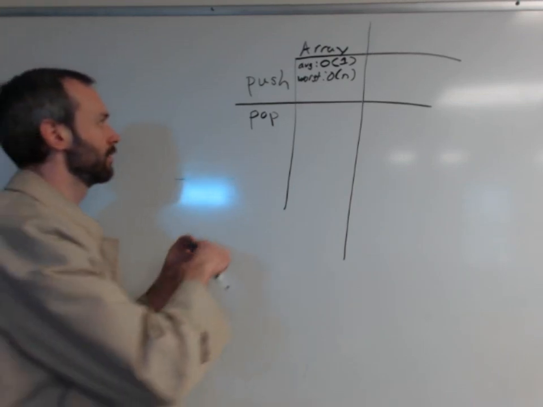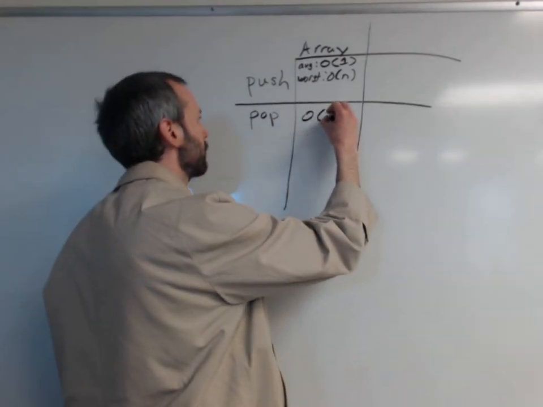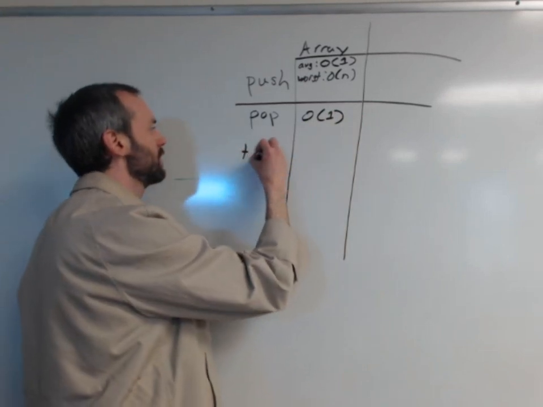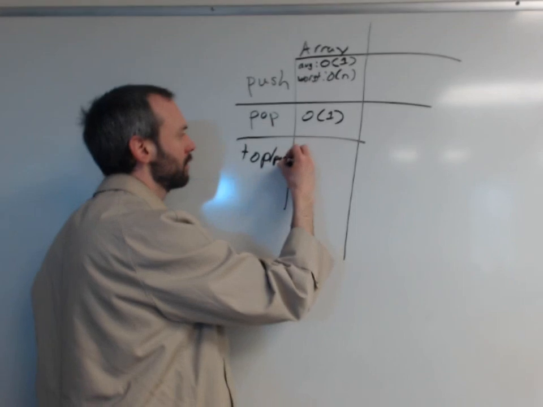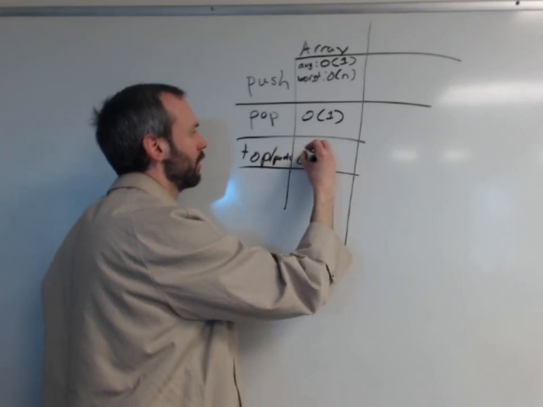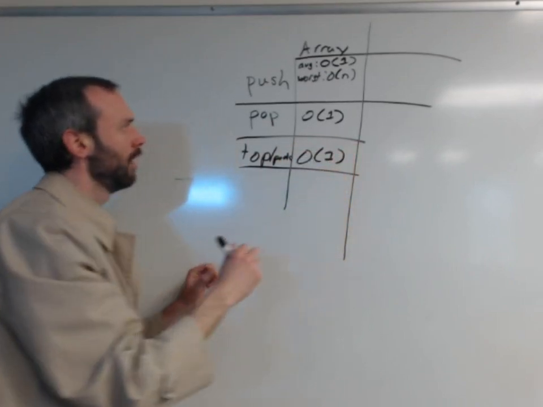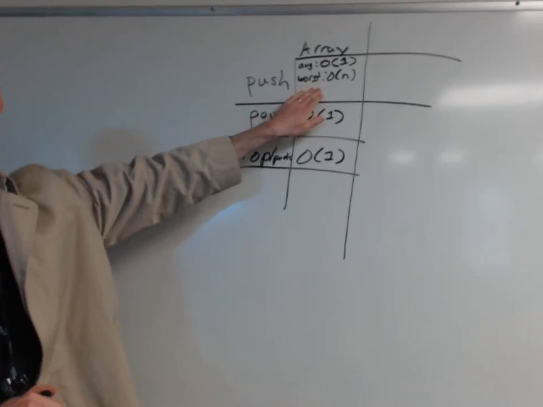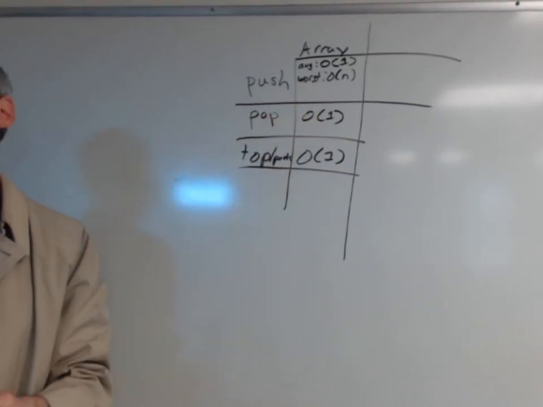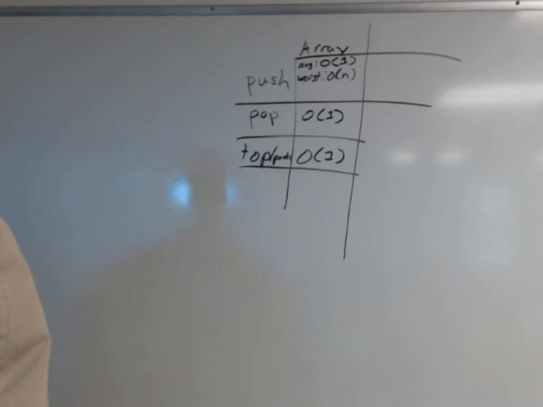O of 1. And we'll also do top, sometimes referred to as peek. O of 1, okay, good. So really with the array, we just have this bad situation where we have to reallocate the entire array. Okay. So what other data structure could we use?